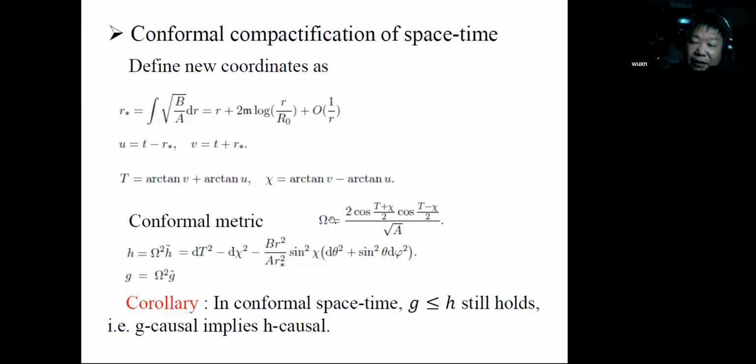Since the conformal transformation will not change the causal structures, obviously in the conformal spacetime you always have such a relation that H is bigger than G, with H and G defined like this, which means that G causal also implies H causal. Okay.